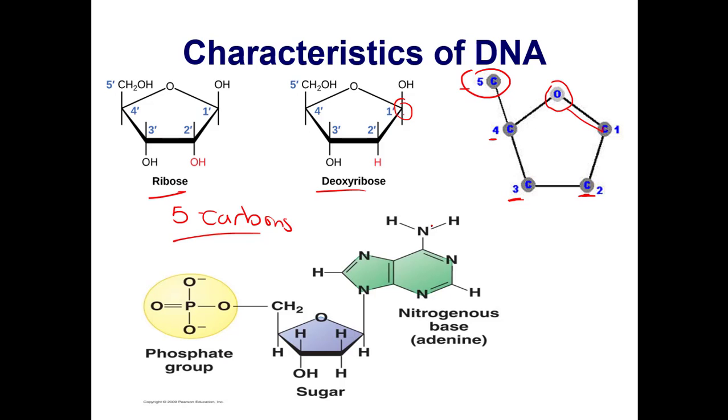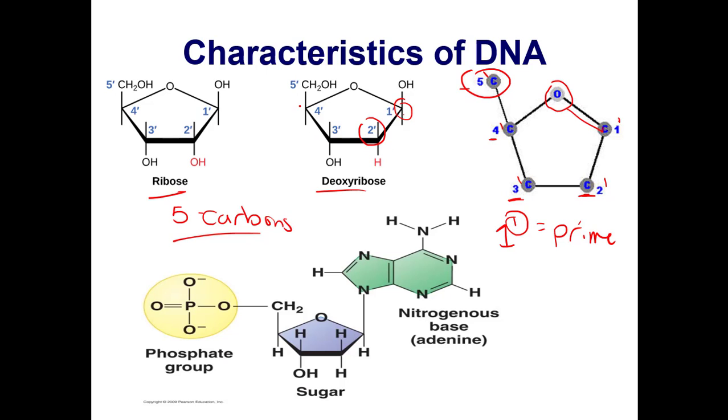The way we write these numbers is we don't just say 1, 2, 3, 4, 5. We say 1 prime. This little symbol here means prime. So this is the 1 prime carbon, the 2 prime carbon, 3 prime, 4 prime, and 5 prime. So when you see these little symbols next to the numbers, that means prime.